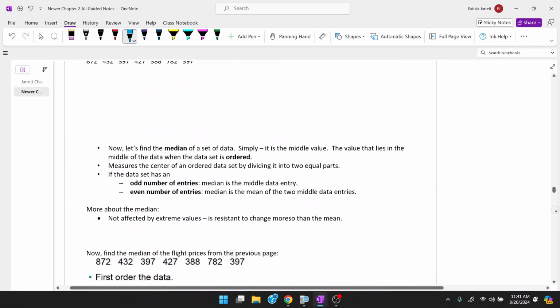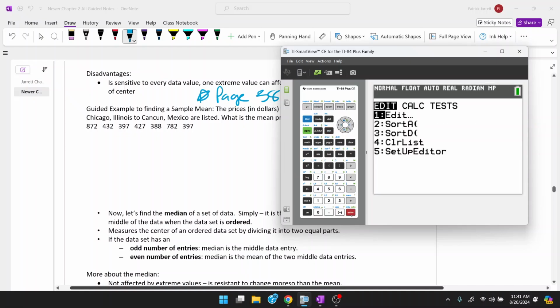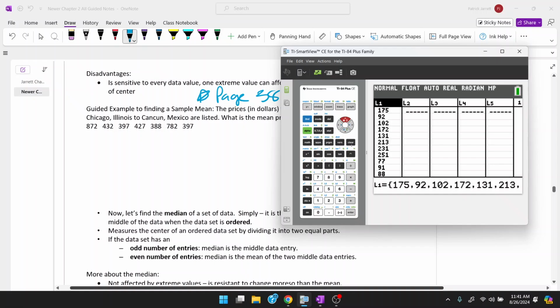I'm going to show you how to do this with the calculator. So what I'm going to do here is go into a list, and I can get rid of list 1, clear that out, and I'm going to enter those 7 pieces of data. How did you say to clear it out again? All right, I'll show you that in about 30 seconds.